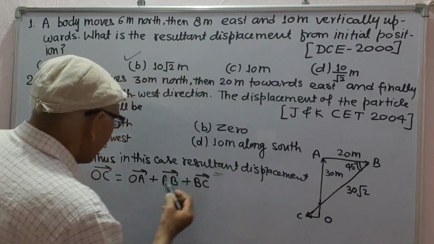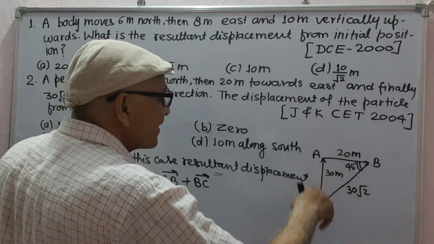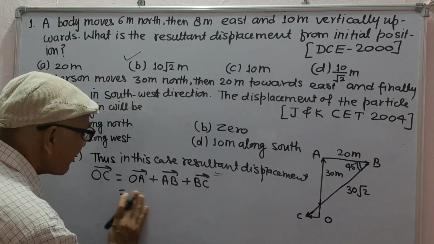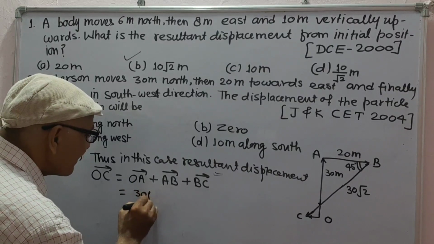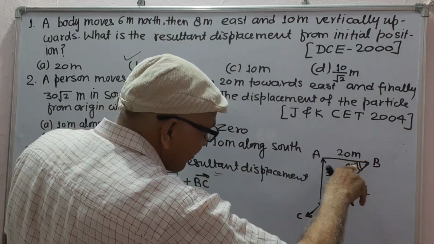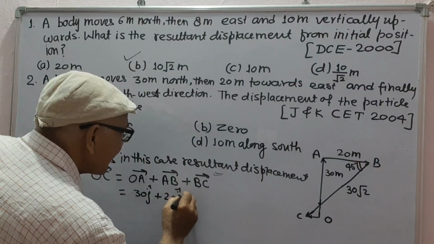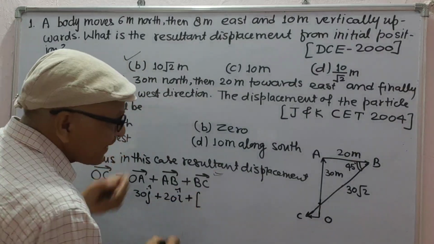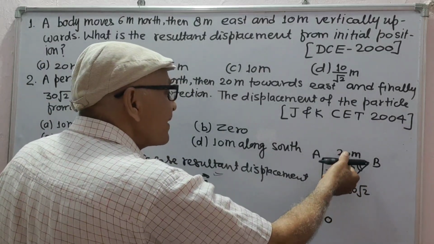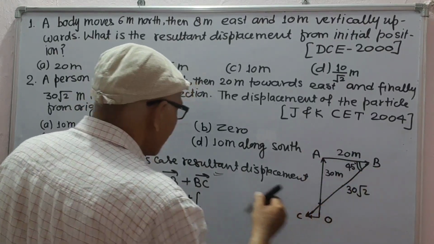So, OA vector will be equal to, this is along y axis, 30j vector, plus AB vector will be equal to, this is along x axis, 20 i vector, plus BC vector can be resolved into components BC cos 45 and BC sin 45.